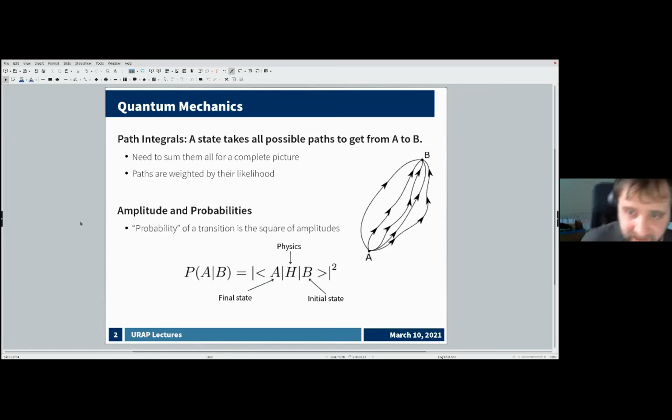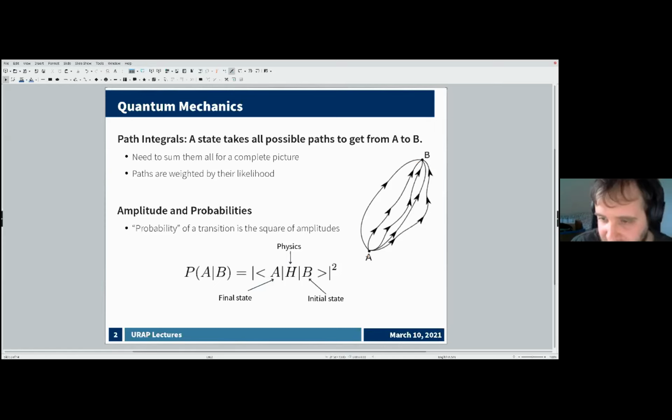This is the idea that to get from state A, which in your case are the initial particles in your collision with certain momenta, to state B, which are the final particles that come out of your collision, the way to calculate the probability of getting from state A to state B is just to sum up all the possible paths that physics allows.